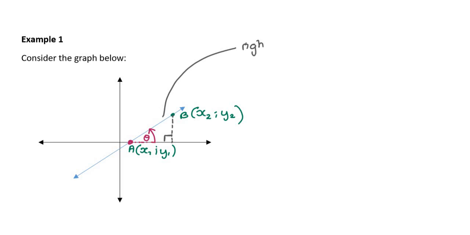Now I'm not too sure how much trig you remember because we haven't done it in a while, but in a right angled triangle, this is the opposite and this is the adjacent. That's one of the ways we work in a right angled triangle.